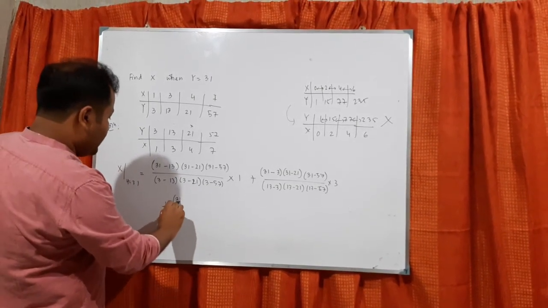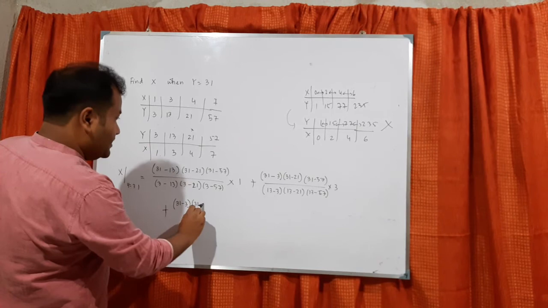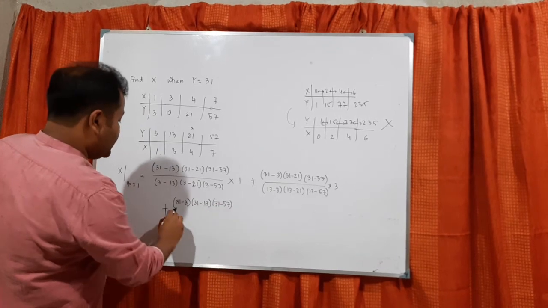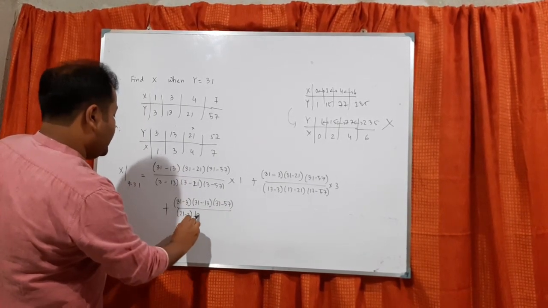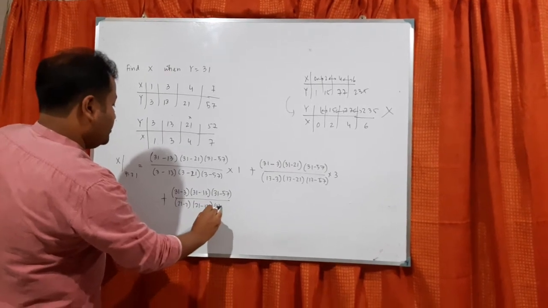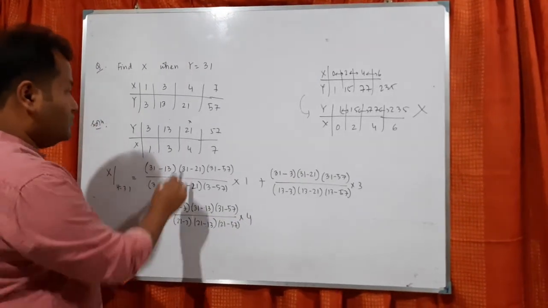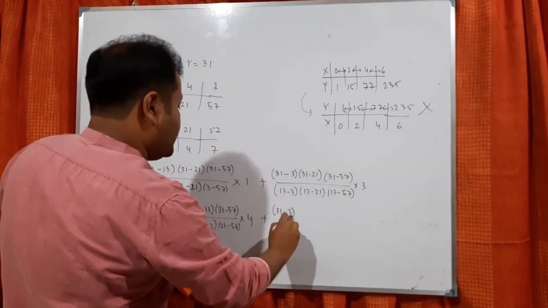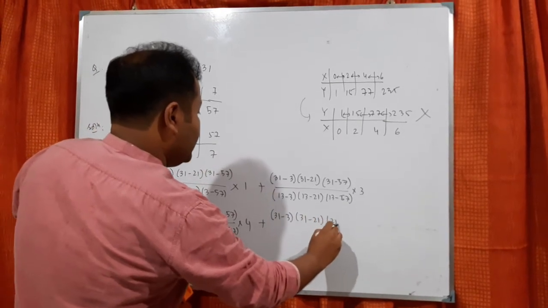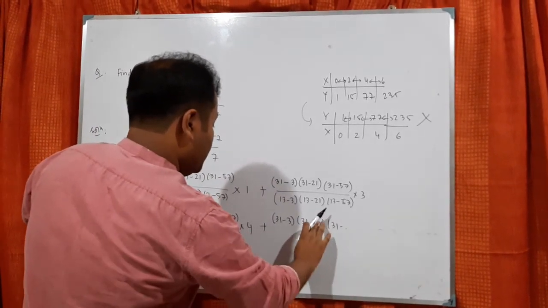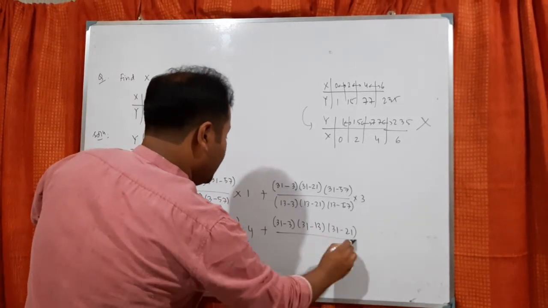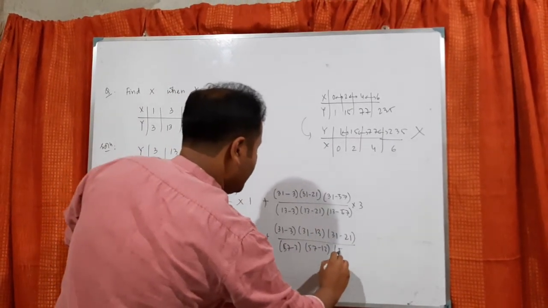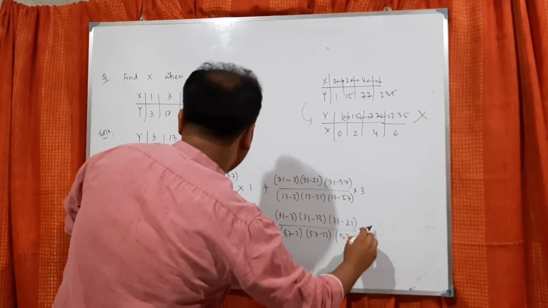So it should be 31 minus 3, 31 minus 13, 31 minus 57 divided by 21 minus 3, 21 minus 13, 21 minus 57, into 4. Plus, if I go for the last term, then I don't take 57. So it should be 31 minus 3, 31 minus 13, 31 minus 21 divided by 57 minus 3, 57 minus 13, 57 minus 21, into 7.